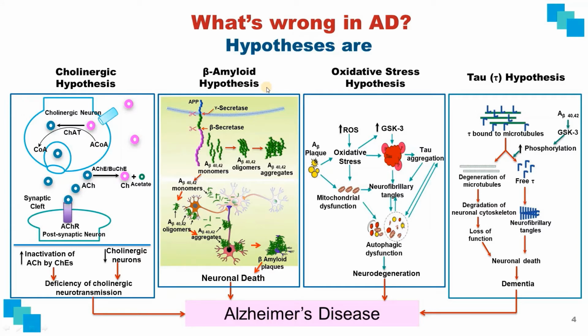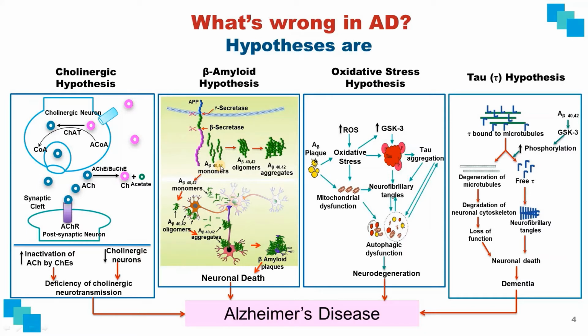Now, we are going to learn about the beta amyloid hypothesis. This chain here represents APP or amyloid precursor protein. Abnormal proteolytic cleavage of APP results in beta amyloid 40 and 42. These two are the abnormal isoforms of beta amyloid protein.